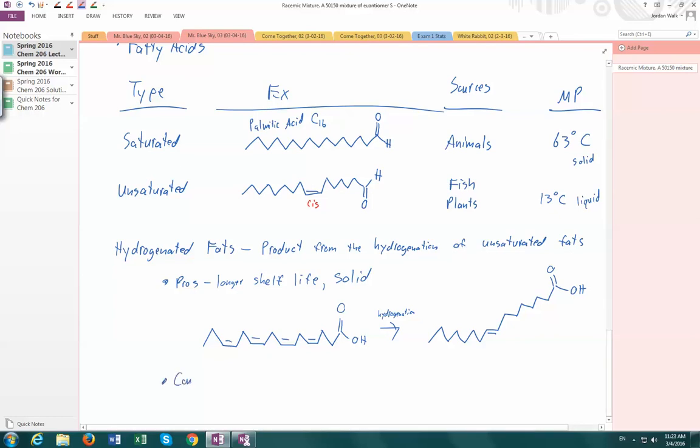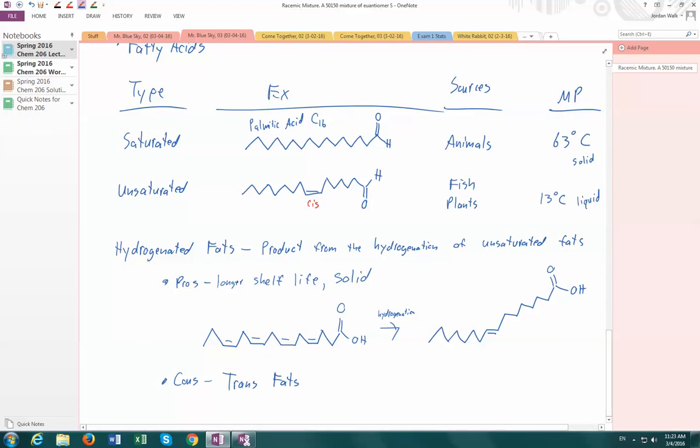And so the cons, when we talk about hydrogenated fats, is, what is the fat that, over the last 10 years, has been determined to be really, really bad for you? Trans fats. And so that's why these things are called trans fats. Ultimately we're trying to make the shelf life of our unsaturated fats better by saturating some of the double bonds.